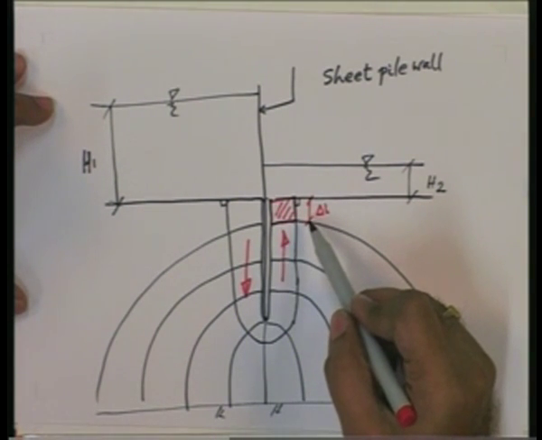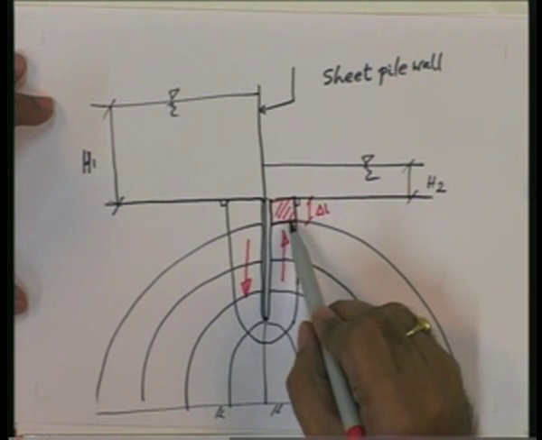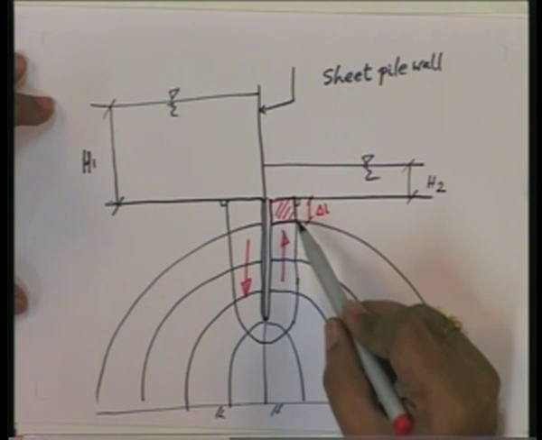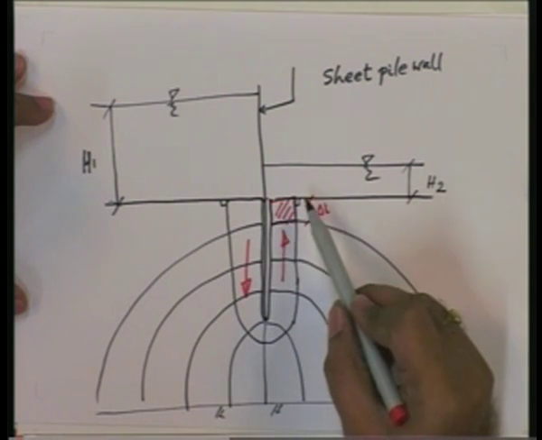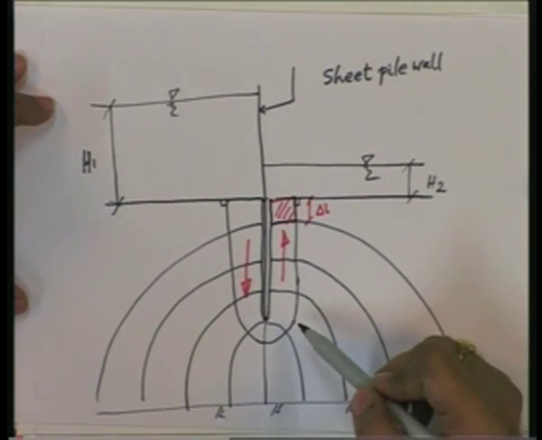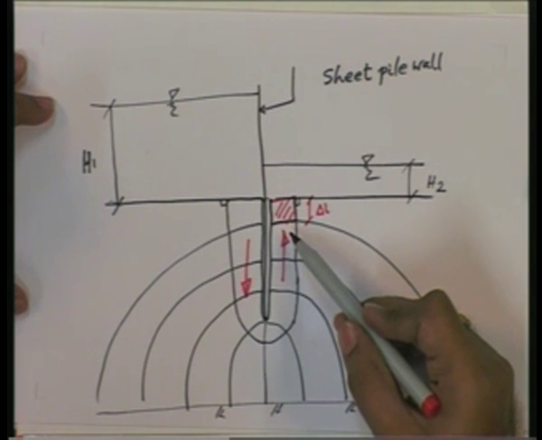Delta L is nothing but the length of the flow, and delta H is nothing but the head drop occurring between this equipotential line and this equipotential line, and here is a downward flow. As discussed, the effective stress increases here, and here the effective stress decreases.